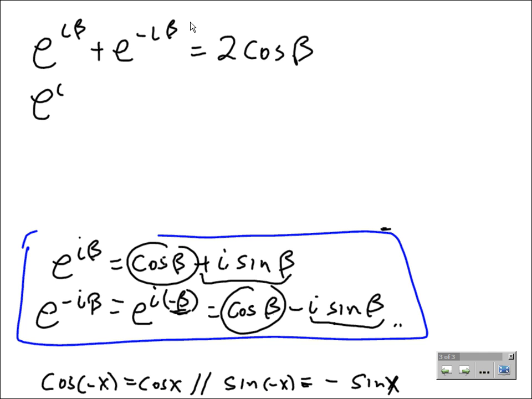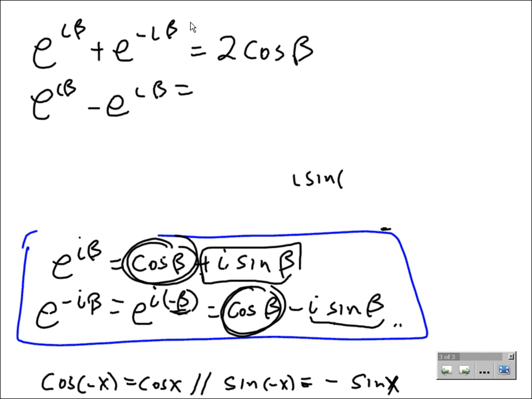Likewise, if I were to subtract those two, well, cosine beta minus cosine beta is 0. You have plus i sine beta, and you take away this, which is negative i sine beta, you get 2i sine beta.